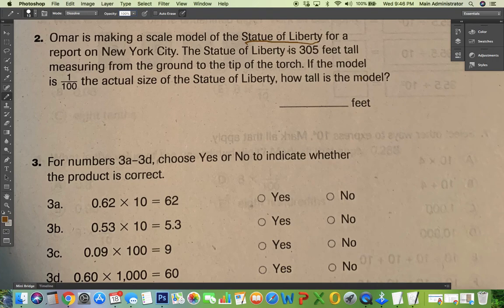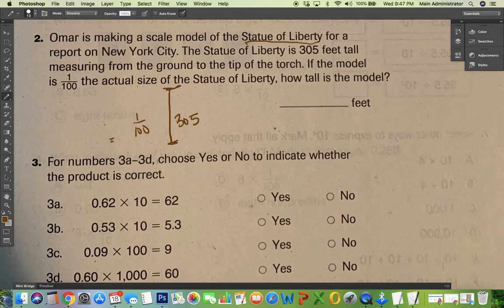The Statue of Liberty is 305 feet tall. Let's pretend that this is the Statue of Liberty, and it's 305 feet tall, measuring from the ground to the tip of the torch. If the model is 1/100th of the actual size, so it'd be super tiny, how tall is the model?